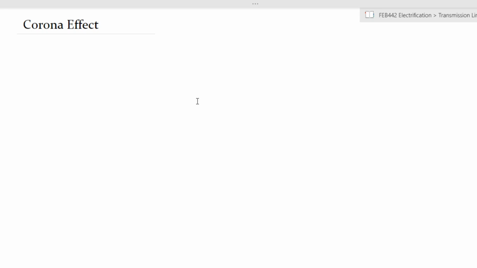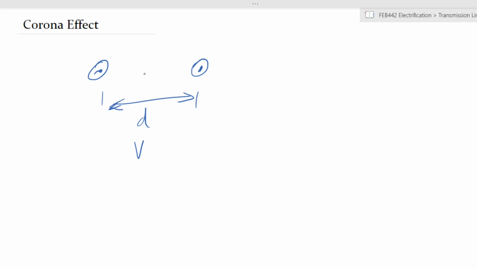If you have conductors, let's say this is one conductor and that is another conductor, and they are carrying current within them, the insulating properties of the dielectric in between them can tend to break down due to various factors. The distance between the two conductors is one factor, and the voltage between the two is another factor.